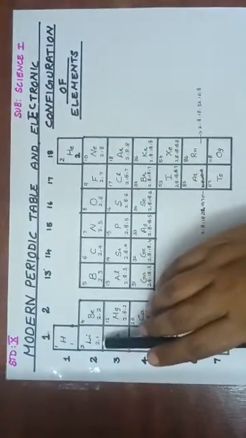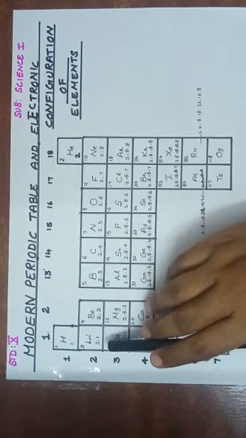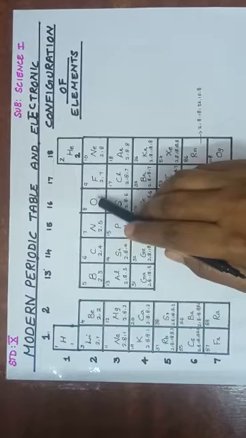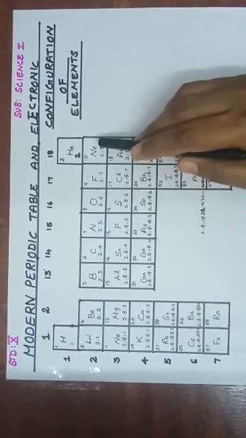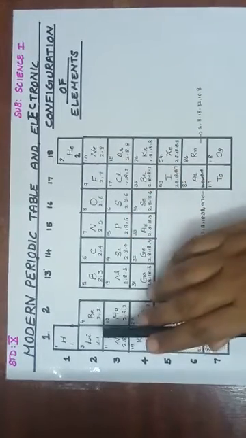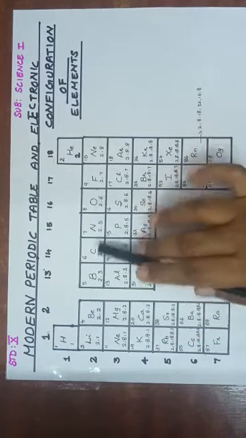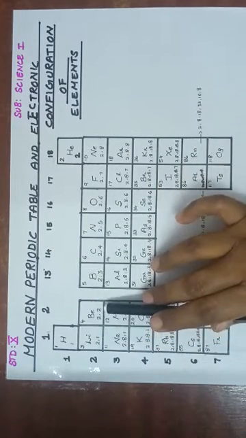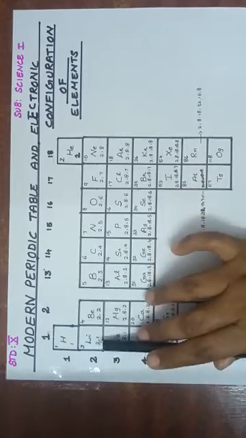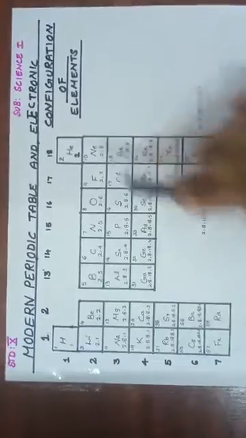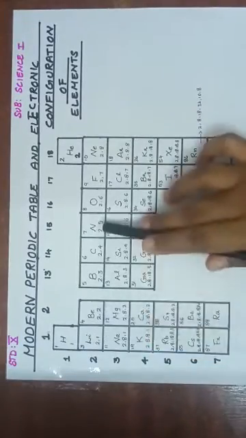Now look at the second period elements. The elements are lithium, beryllium, boron, carbon, nitrogen, oxygen, fluorine and neon. If you have any doubt, you can refer to the modern periodic table also. These 8 elements are included in the second period. What is the relationship you can see over here?